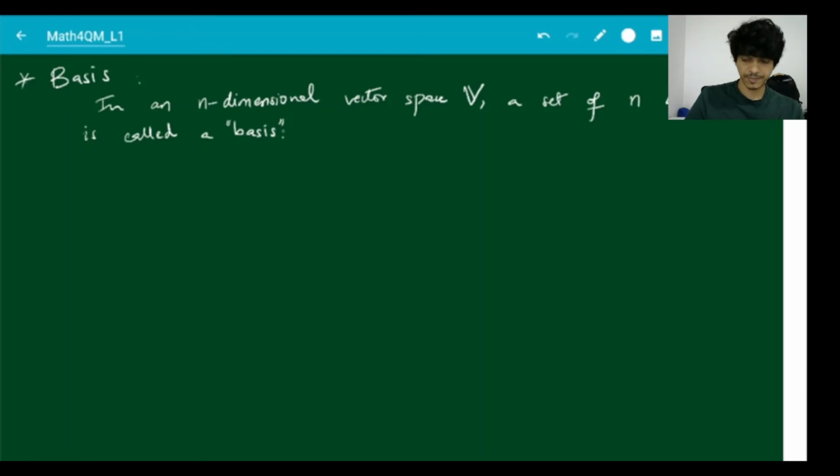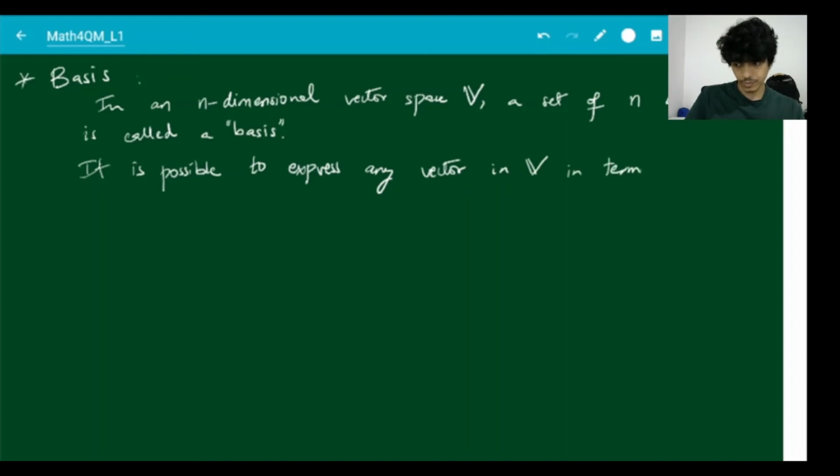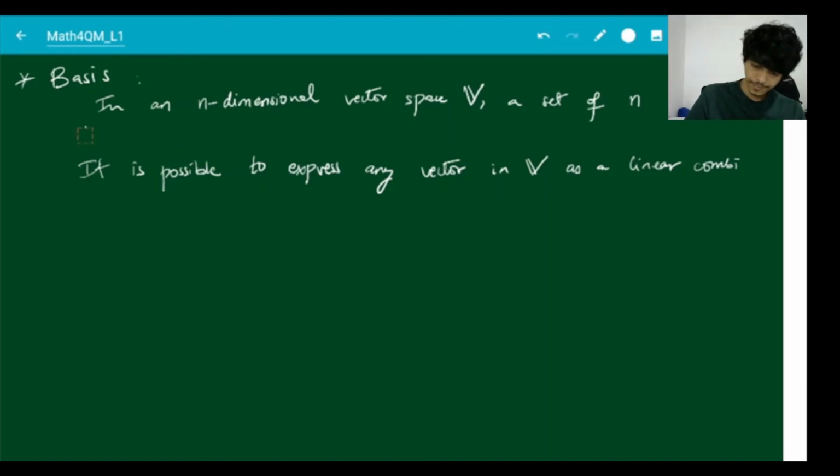And then as per that previous theorem that we saw, it is possible to express any vector in V as a linear combination of the basis vectors.